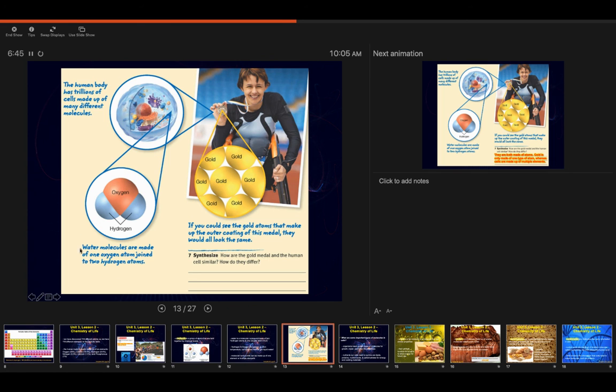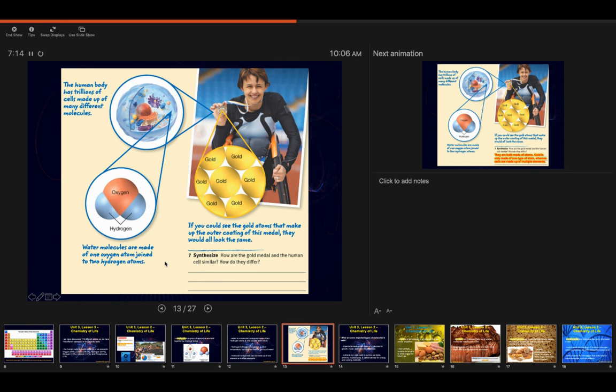Water molecules are made up of one oxygen and two hydrogen, and water molecules are in each of our 10 trillion cells. Over here, this para-athlete got a gold medal. The statement says, if you could see the gold atoms that make up the outer coating of the medal, they would look the same. So it's just gold atom after gold atom.